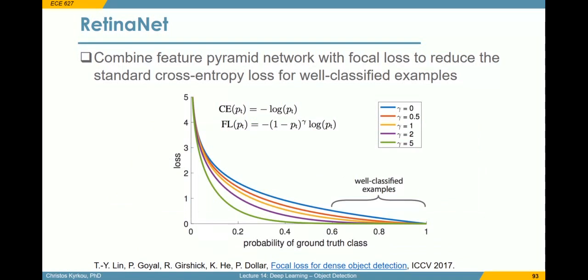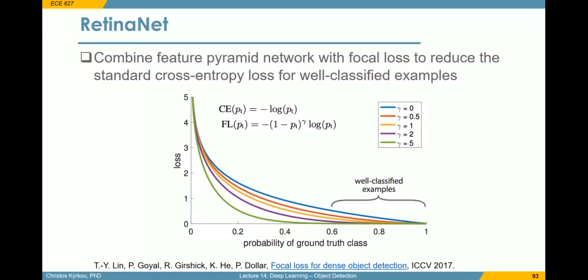You see the effect in this graph right here. So compared to the cross-entropy loss, they added a factor that is controlled by the focusing parameter gamma.